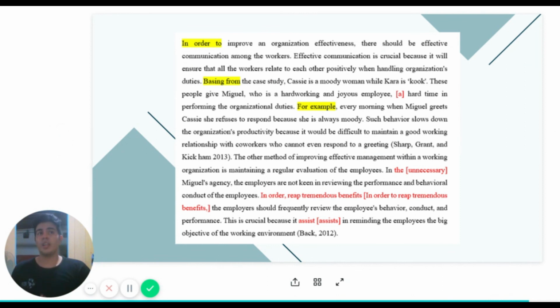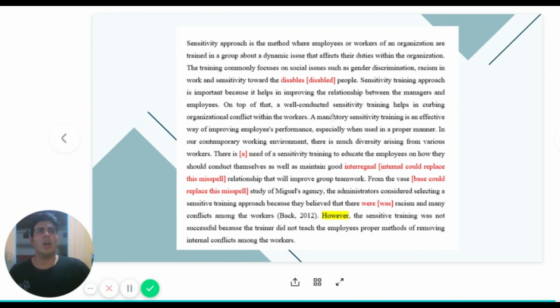Other linking words that were used correctly are in order to, basing from, and for example. The rest of the red marks are to differentiate the errors as in the previous paragraphs, incorrect use of words, or the lack of any of them, in this part and this one.